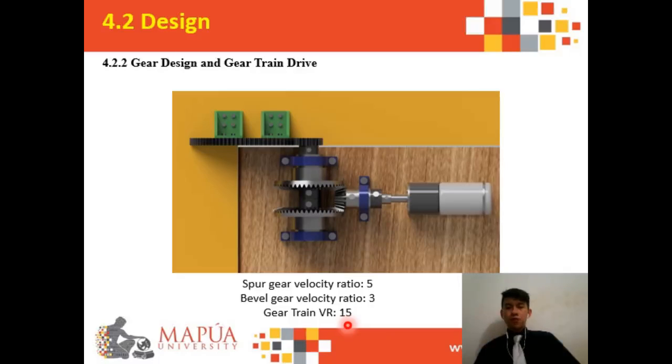From 15 RPM multiplied by the velocity ratio of 15, the generator shaft can spin at 225 RPM from the 15 RPM input at the door.